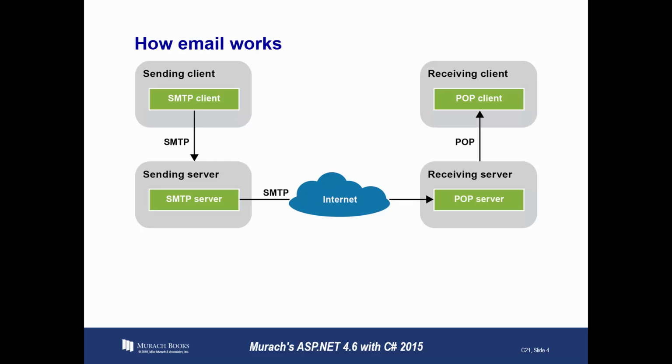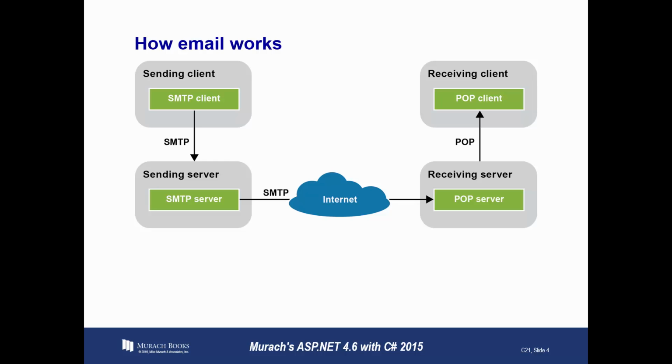A third protocol that you might hear about is MIME, an acronym standing for Multipurpose Internet Mail Extension. It's not used to transfer email messages; rather, it defines the type of content that an email message may end up containing.